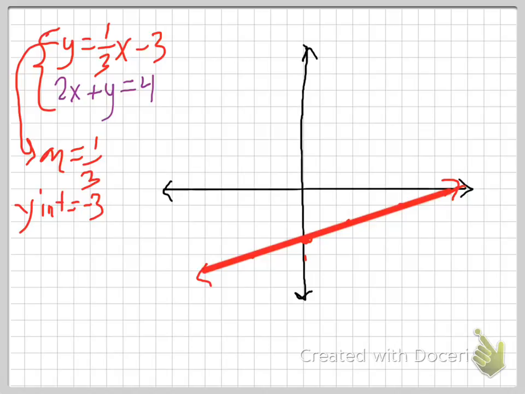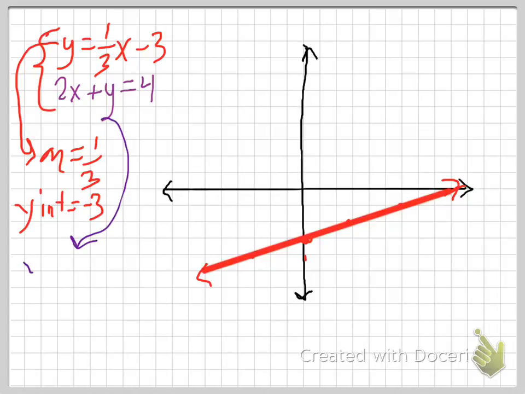So now I'm going to go to the purple one. The purple one looks like it's in standard form. I could alternate it, and I could move the 2x over to the right so that it's in slope-intercept form and do it the same way that I did the red line, or I can do the cover method and just go by x and y intercepts. So I'm going to draw a line down here.